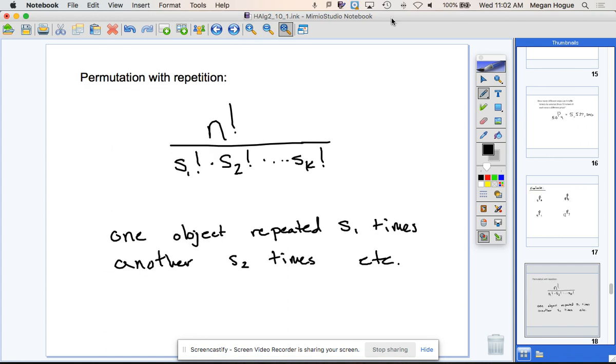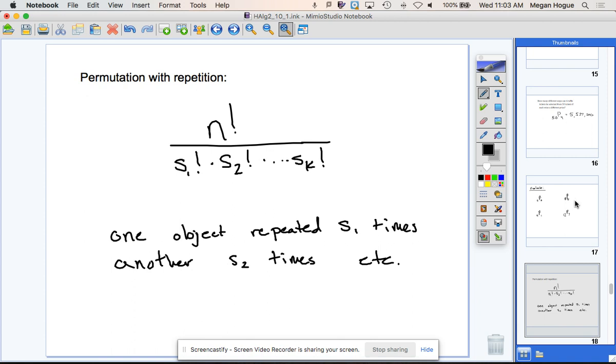Then permutations with repetition. N factorial over S subscript 1 factorial, S subscript 2 factorial, S subscript 3 factorial. Those are all the repeated objects. I did not give you very much room, I apologize. You might want to put it off to the side where there's a little more room.